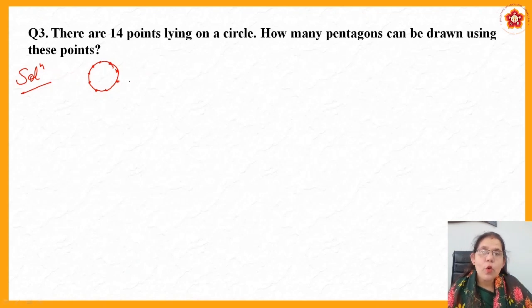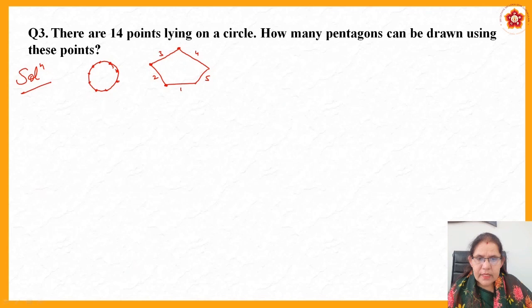So you should first know what is a pentagon. A pentagon is a closed figure which has 5 sides. Let me draw a pentagon. It has got 5 sides: 1, 2, 3, 4, 5.